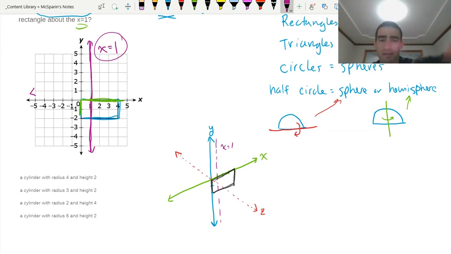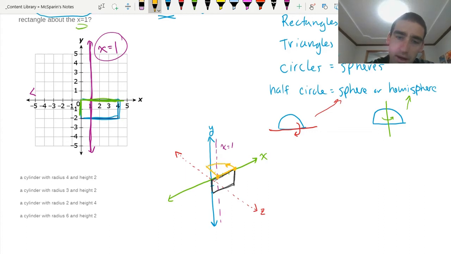All right, so let's see if I can draw that. So first thing we want to notice is that from the center to the edge, that is 3 units. So imagine rotating that around that x equals 1. So I'm going to go this direction, and I'm going to end up with 3 units that way.